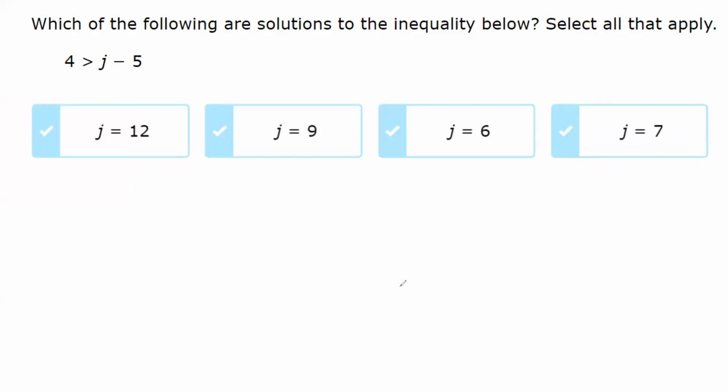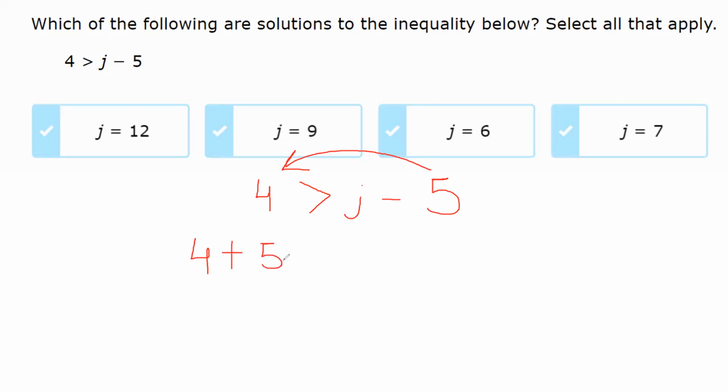The inequality is 4 is greater than j minus 5. The first thing we're going to do is send the 5 over the inequality sign. It was minus 5. When we send it over, it's going to be plus 5.